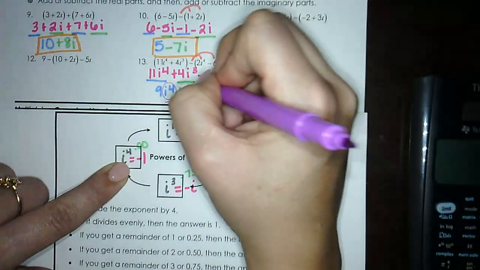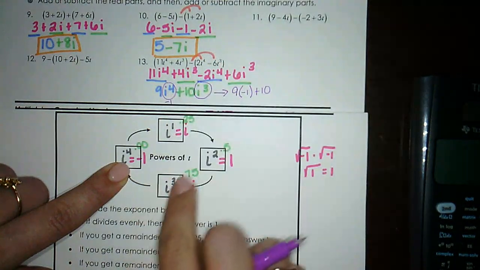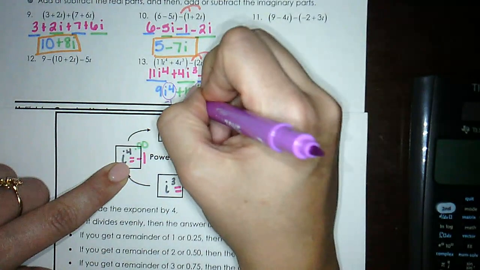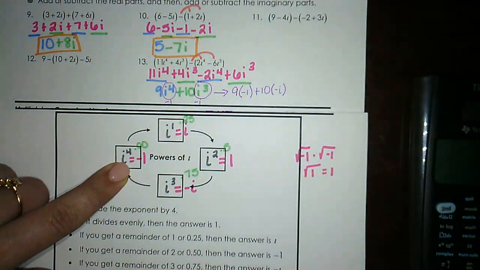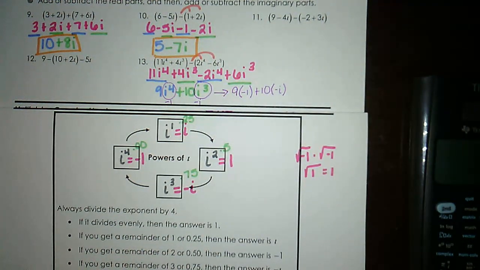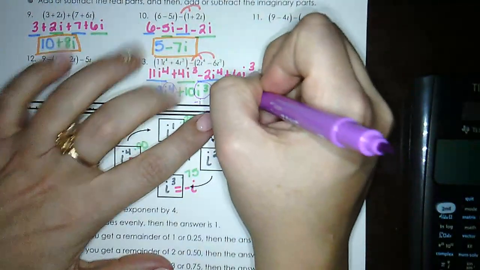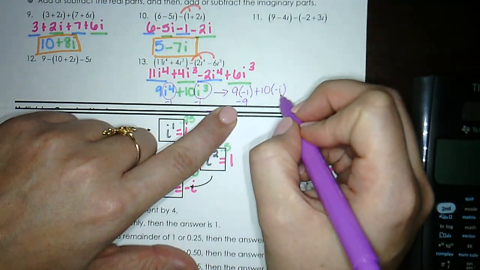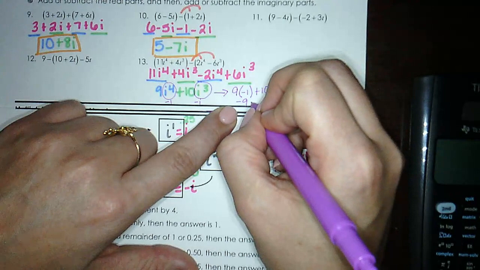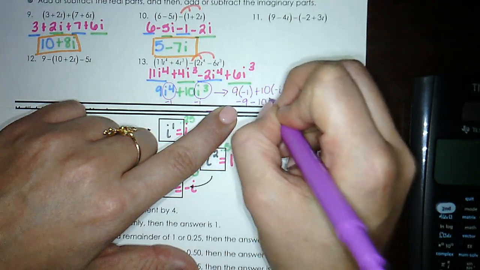Plus 10, all of i cubed is -i. And now we can simplify and make this a very simplified imaginary number. So 9 times 1 is 9. 10 times -i, positive and a negative makes it a -10i.